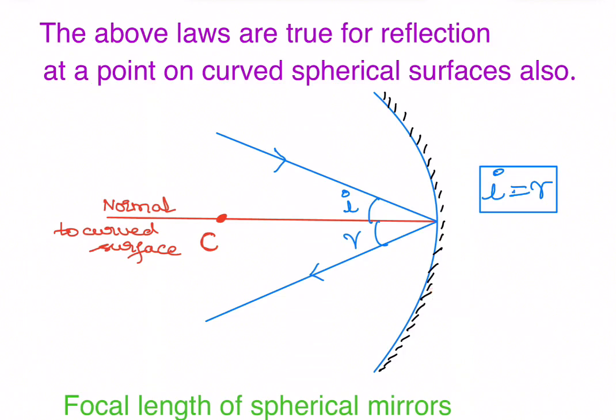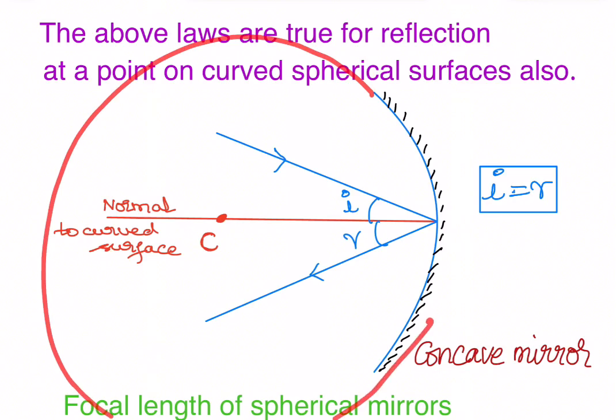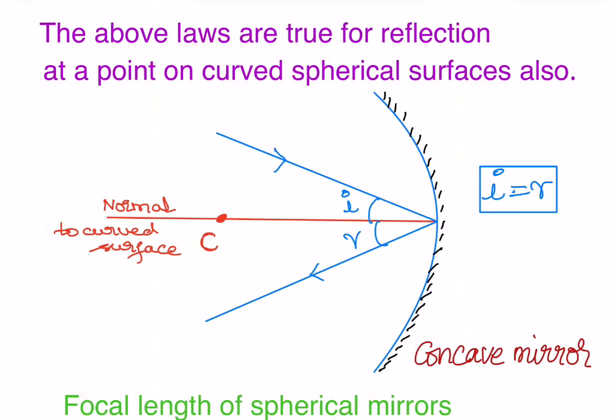This surface is curved in and it is called a concave mirror. It is a concave mirror. And this point is called the center of curvature of the mirror. If you take the curved part of the spherical surface, C acts as the center of the sphere.